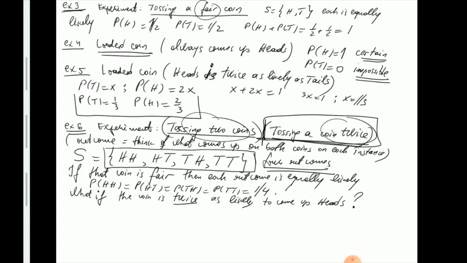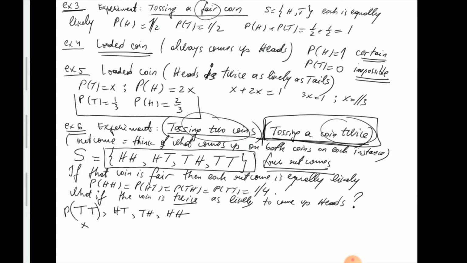Okay, so if you actually thought about it for a moment when you paused the video as I asked you to, if the coin is twice as likely to come up heads, obviously this is the least likely. So let's call the probability of double tail x.